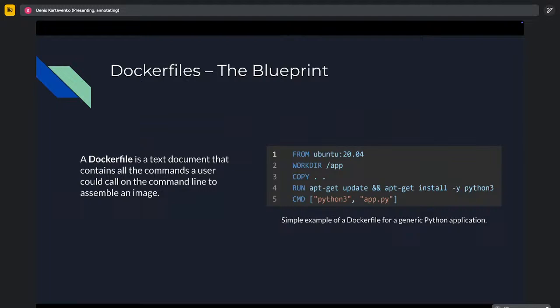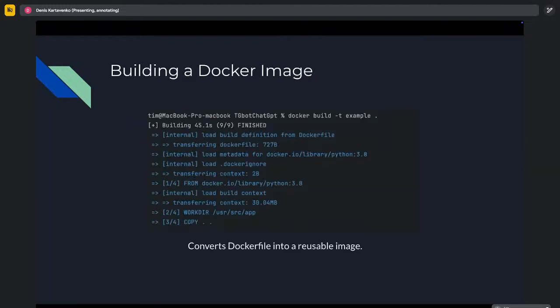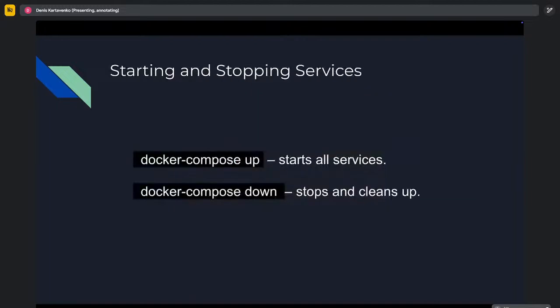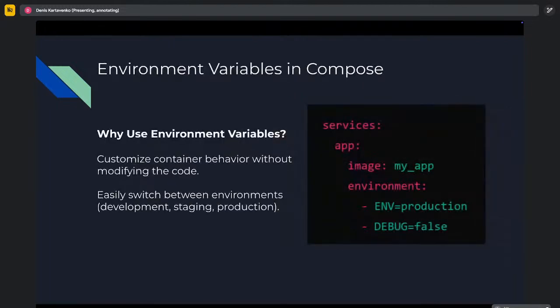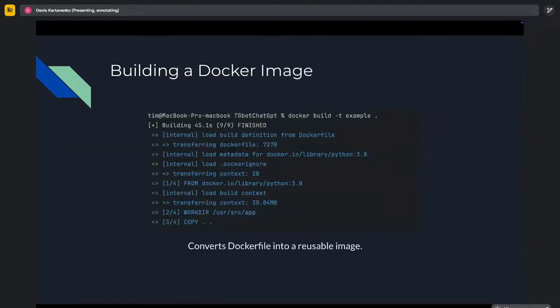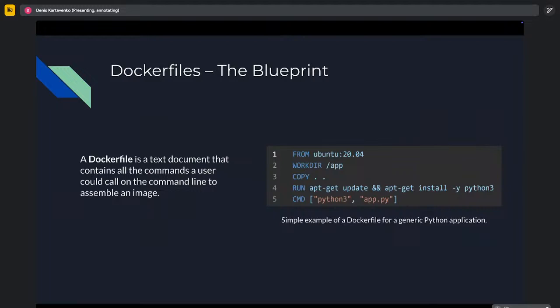So let's say you're doing some kind of image processing with Python, right? But that image processing requires a system library, not a Python library, but a system library. A Python virtual environment is not going to cover a system library for you. But a Docker image also includes a whole file system, basically a whole Linux installation.